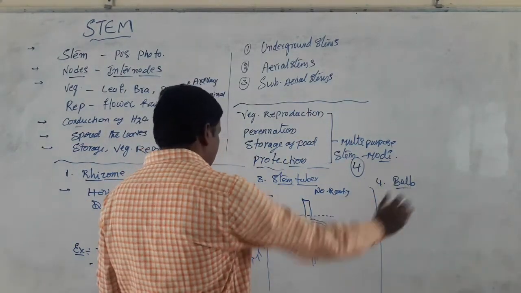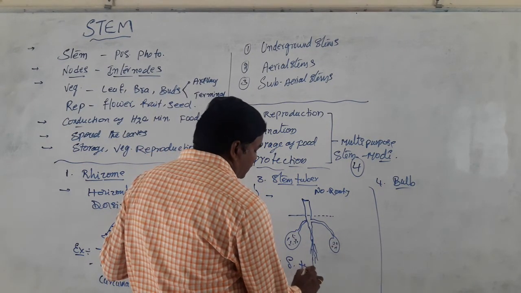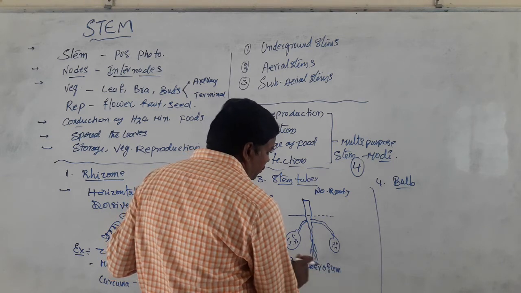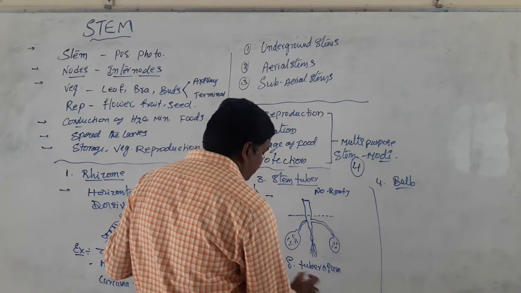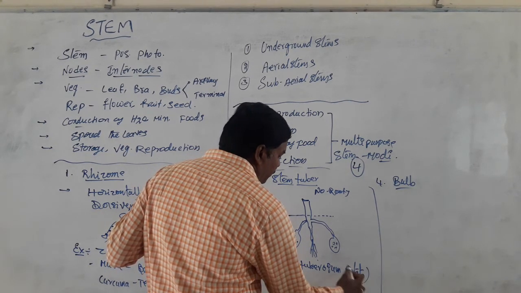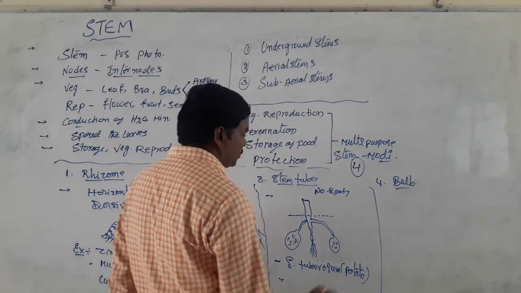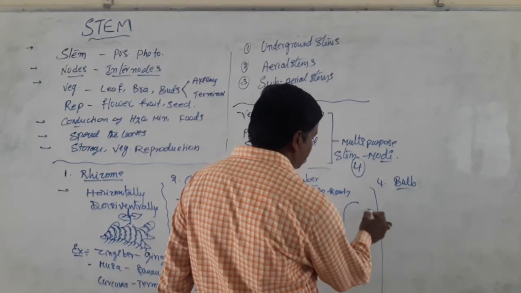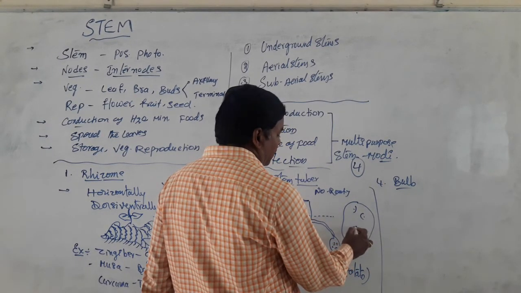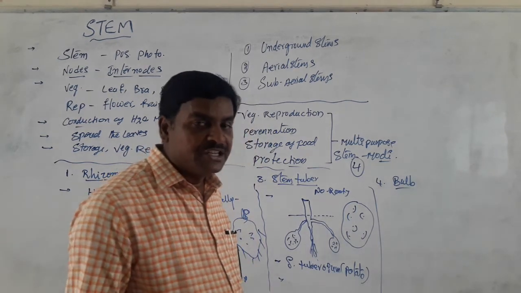Some of the best examples: Solanum tuberosum, the scientific name of potato. For example, this is the stem tuber of Solanum tuberosum. It has some eye spots which help in vegetative reproduction.